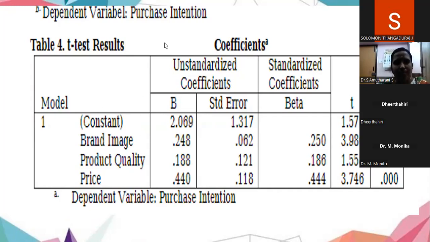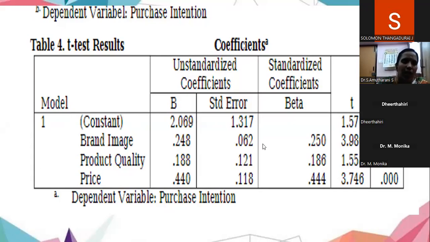Can you find one more dependent variable out of these four variables? Purchase intention is one of the dependent variables. Is there any other dependent variable? Okay, correct. Brand image is another dependent variable.